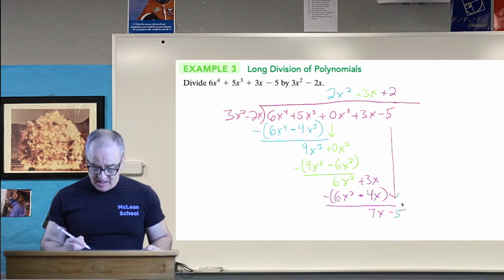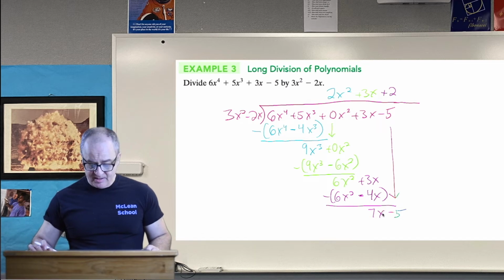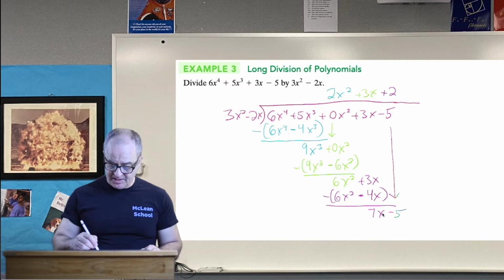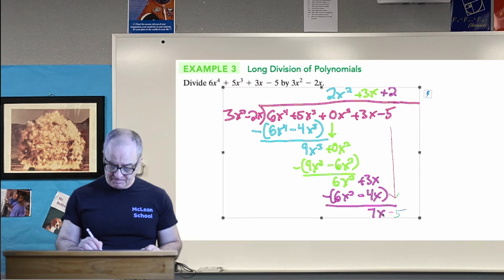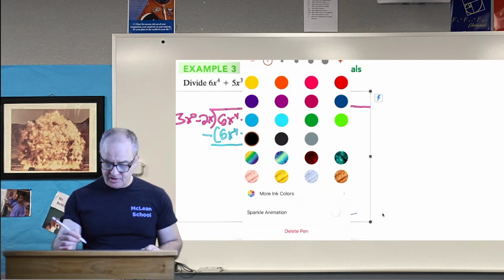That's cool. But 3x squared, I don't really have anything that I can multiply 3x squared by to get 7x. So I'm thinking maybe that's a good place to stop, call that my remainder, and ask myself, what did we just do?